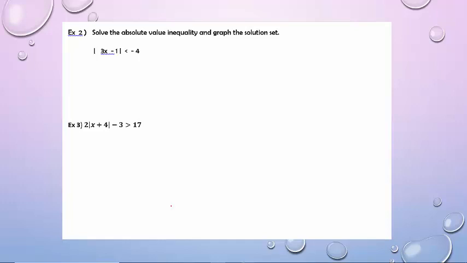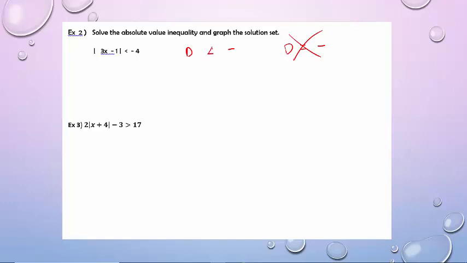We're going to try another one. So once again, start off, can distance be less than a negative? Now think about that. Distance cannot equal a negative number. We learned that that's not possible.